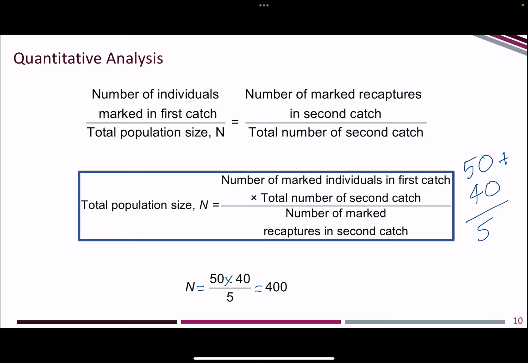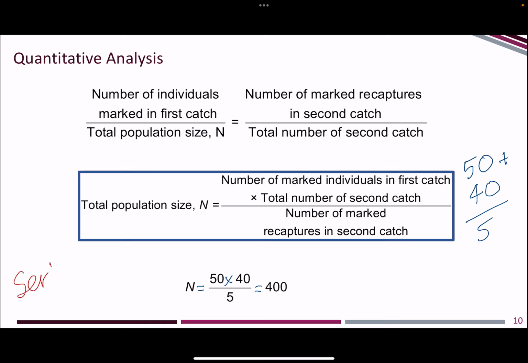So the general idea for this method is to use an equation where you can calculate the population size based on these recaptured individuals. So for our lab, we are going to be using two different equations.